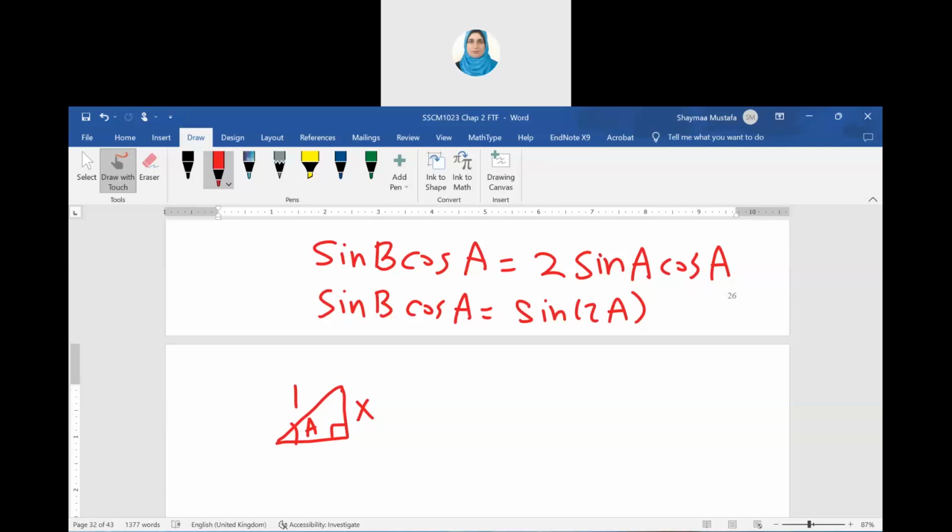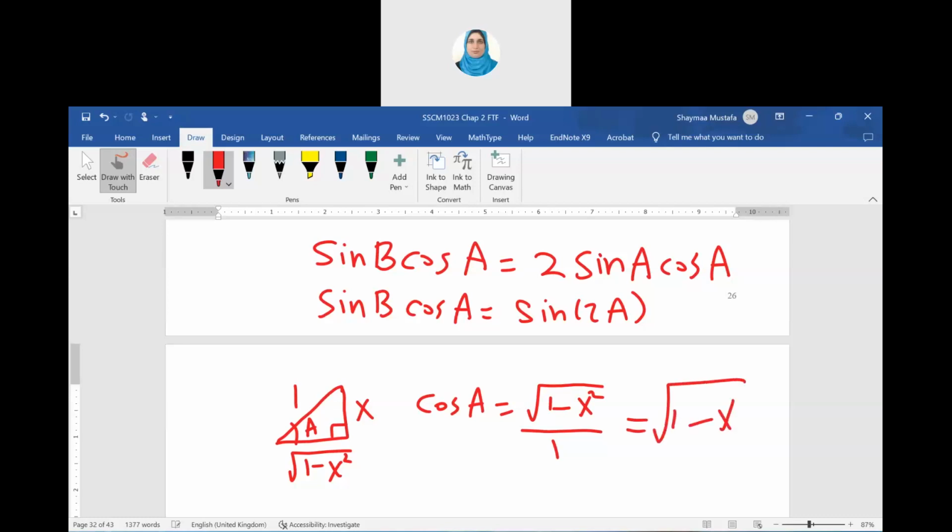To calculate the cosine, I need to calculate the adjacent, which is the root of 1 minus x squared. So cos a is the root of 1 minus x squared over 1, the hypotenuse is 1, which is the root of 1 minus x squared.